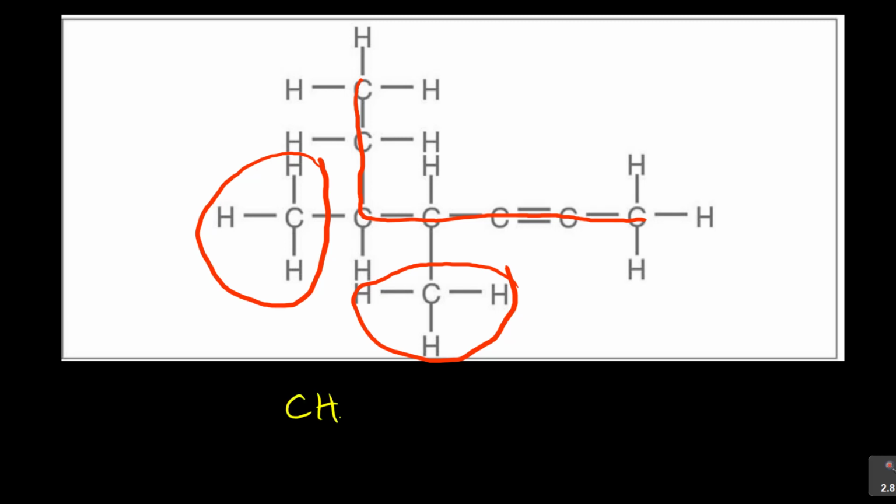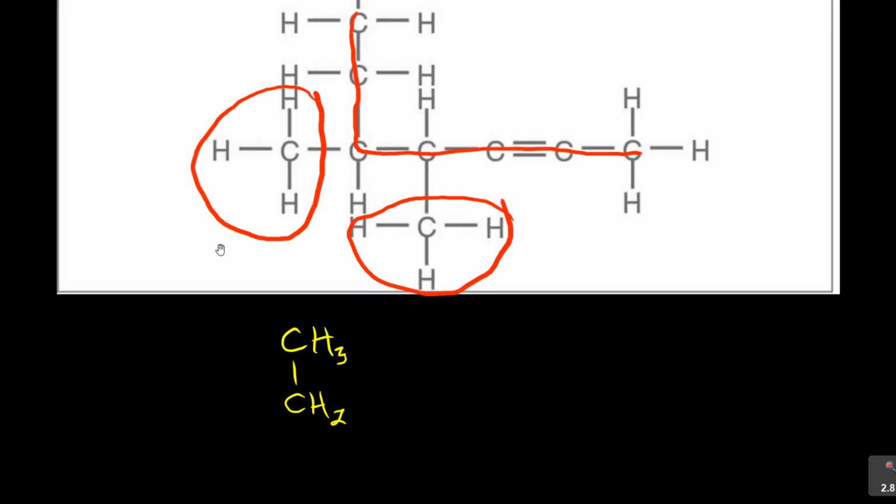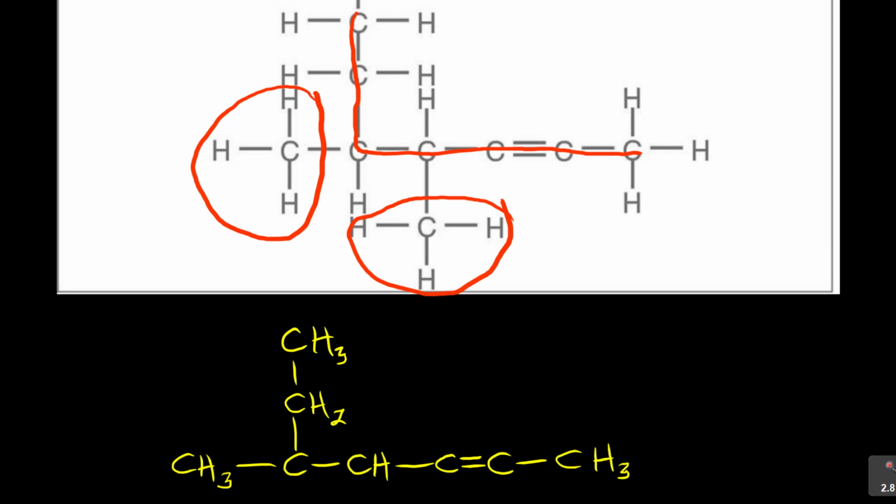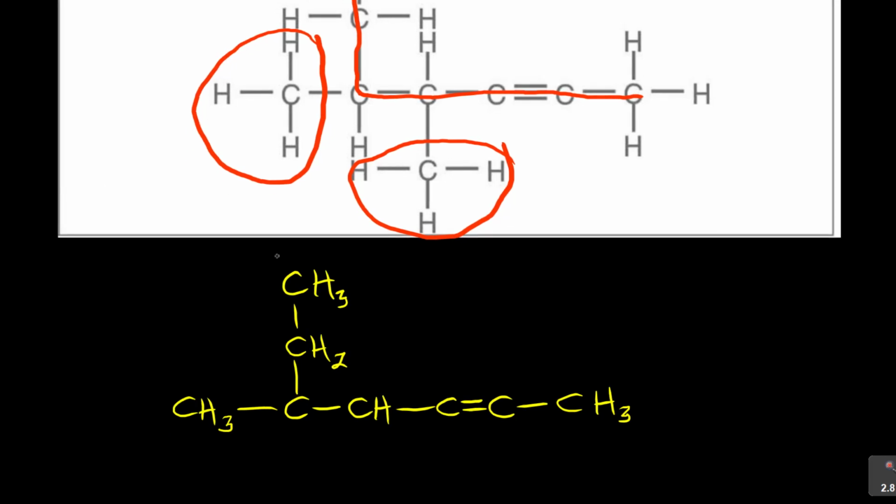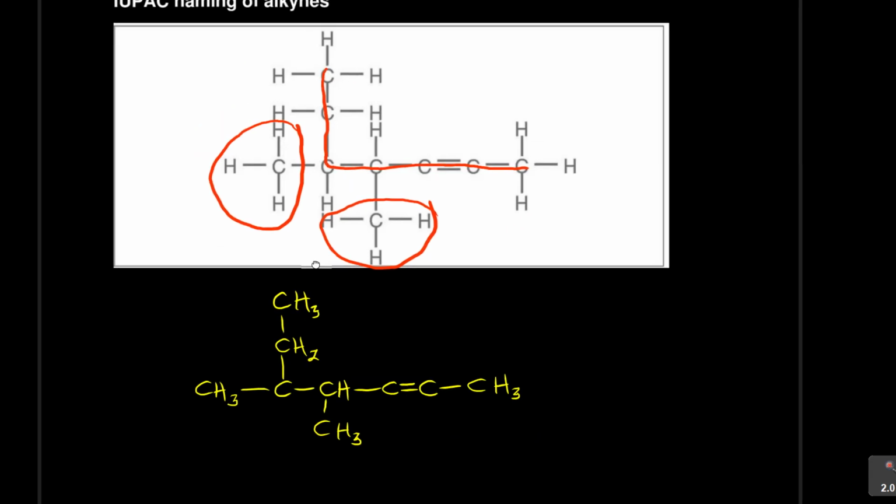It's CH3, and then I go down, I've got CH2, and then going down I've got C, and then this side I've got CH3, and then this side I've got CH, and then I've got C, double bond C, and then I've got CH3. I'm going to verify everything, and then in this one I've got CH3. If I can reduce this, I think this is what I'm having.